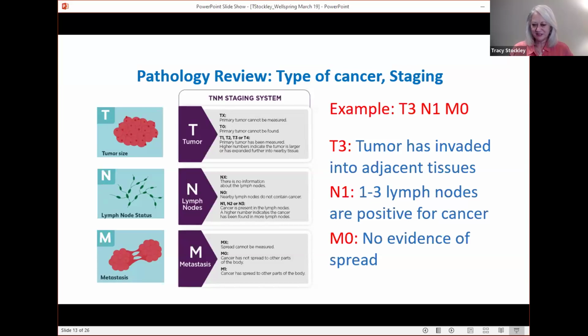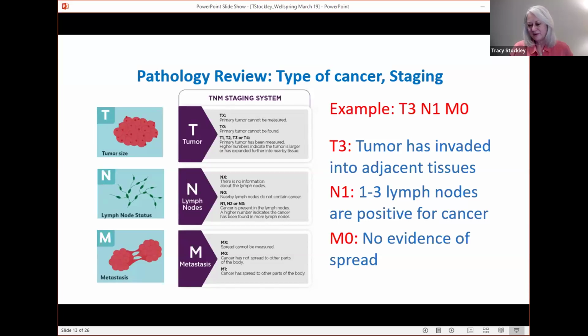And then in the middle column, you can see the systems go from 0 to 4 for the tumor size, up to 3 for the lymph nodes, and then metastases is either M0, it hasn't spread, or M1, where it has. So as an example, if you look at your report and you see something like T3, N1, M0, so T3, if you know the system goes up to 4, you know that's definitely more advanced than, say, T0.